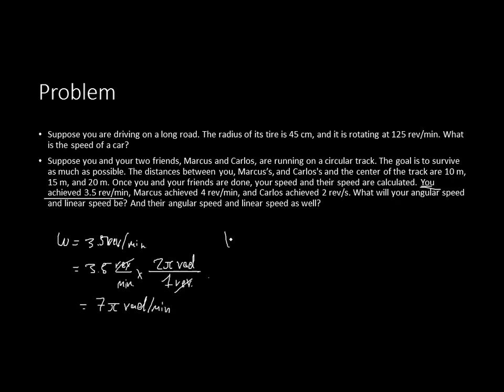Then we substitute it here in this formula, r times omega. So your r here is 10 meters times your omega, 7 pi radians per minute. So this is basically 70 pi meters per minute. That's the exact answer.